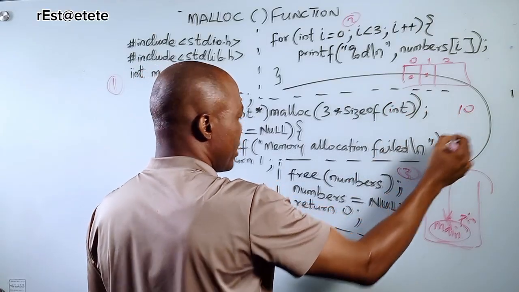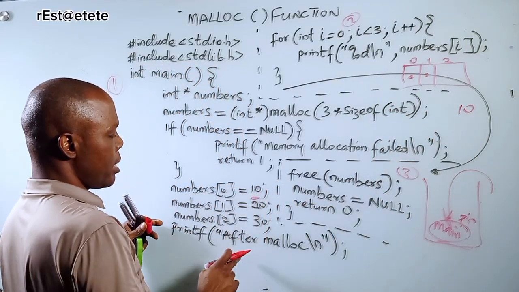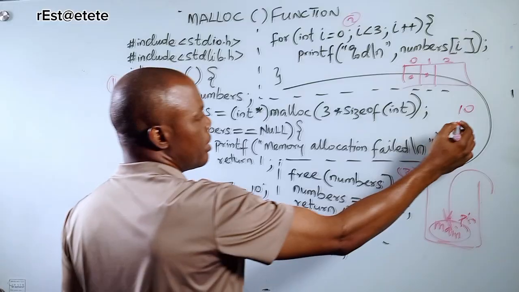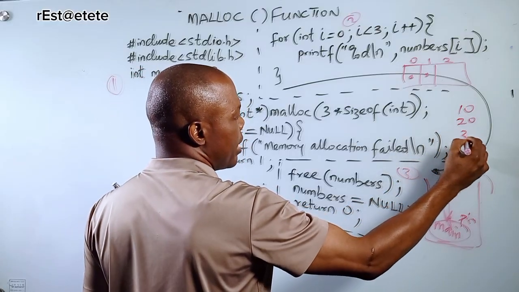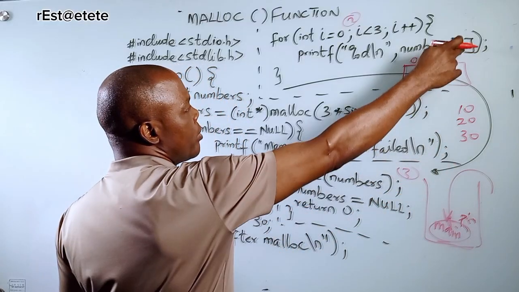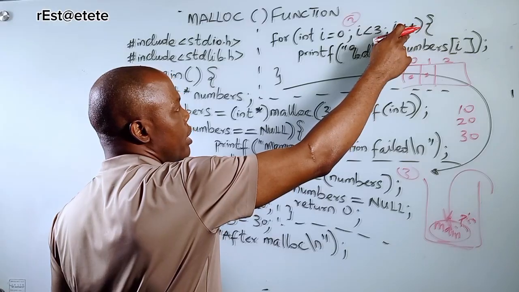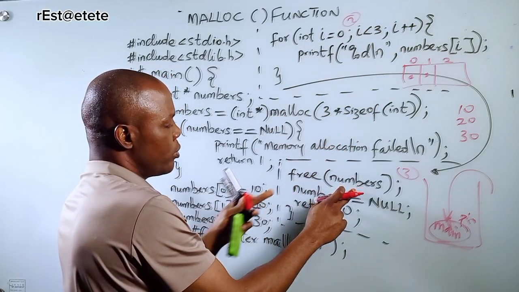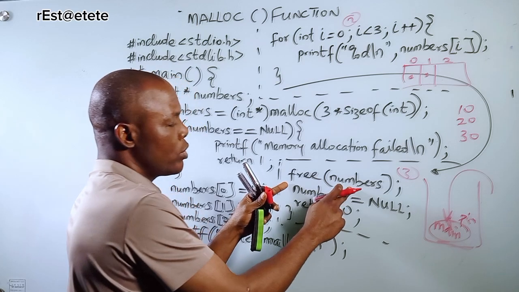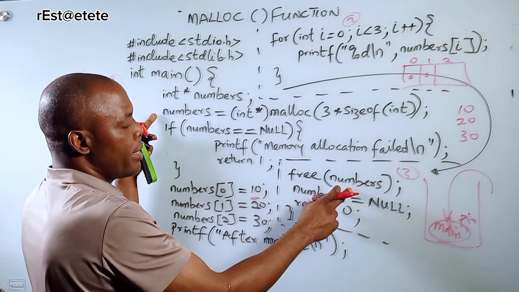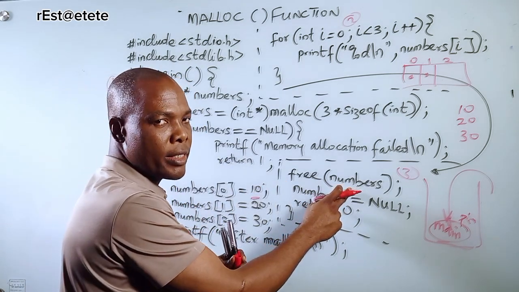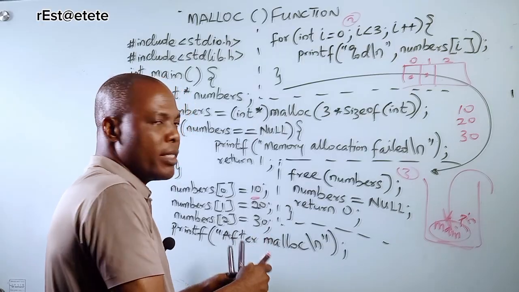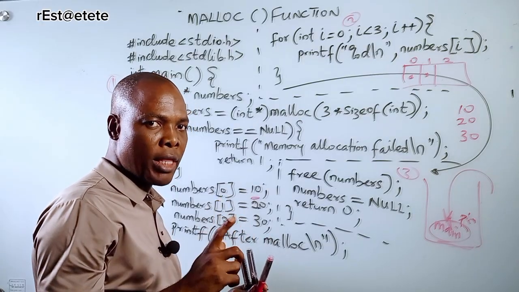So it will print out 10. Because I am putting this \n, it will print out 20 and it will print out 30. Then it will increment i to 3. 3 less than 3 is not true. Then it will come out and get to this place, free numbers. So it's going to free this pointer from that memory address. Now, the moment it does that, the pointer will become a dangling pointer.